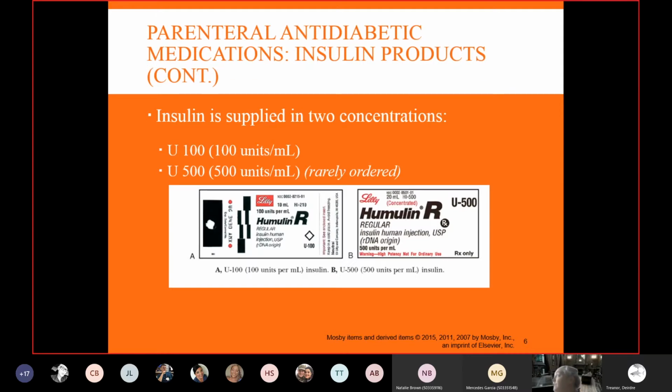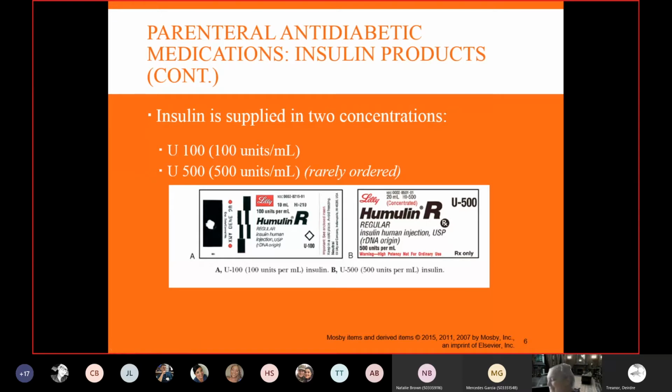So insulin comes in 2 concentrations. It comes in U100, or 100 units per milliliter, or U500, which is 500 units per milliliter. Now that is very, very rarely ordered because that's a lot of insulin, okay? So you'll see U500 right here, and you also see here it says 500 units per milliliter. On the one on the left, you see U100, and you also see 100 units per milliliter.